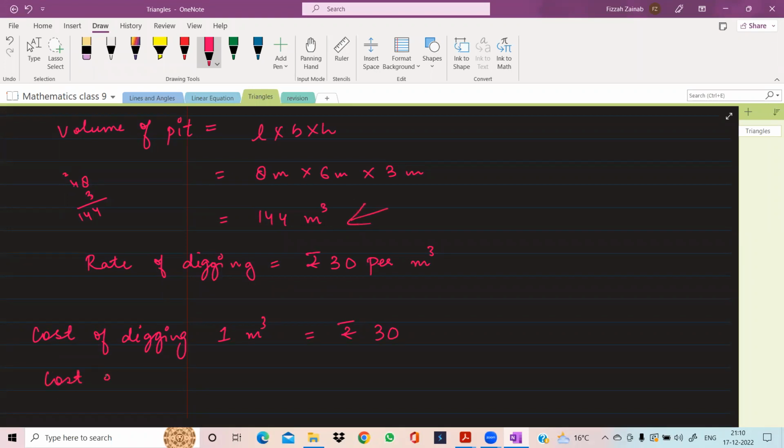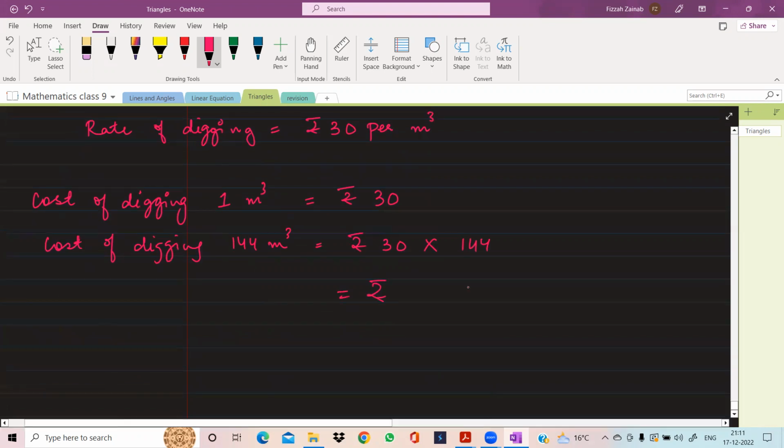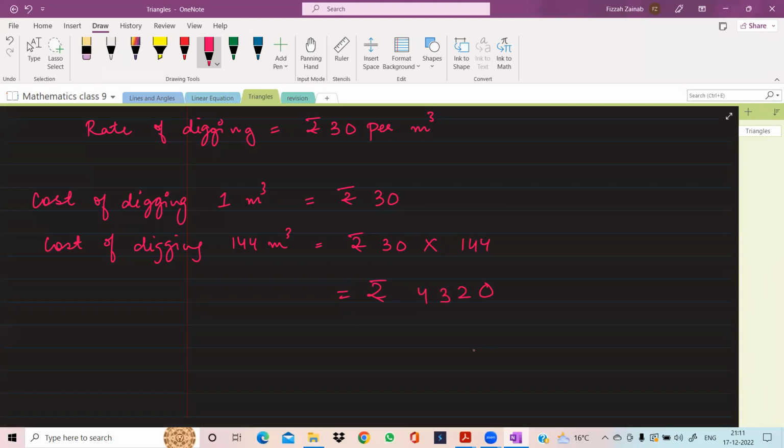So cost of digging 144 meter cube will be rupees 30 multiplied by 144. So this is rupees. You can write 0. 3 into 4, 12. Carry 1. 3 to 4, 12 and 1, 13. Carry 1, 4. 4320 rupees.